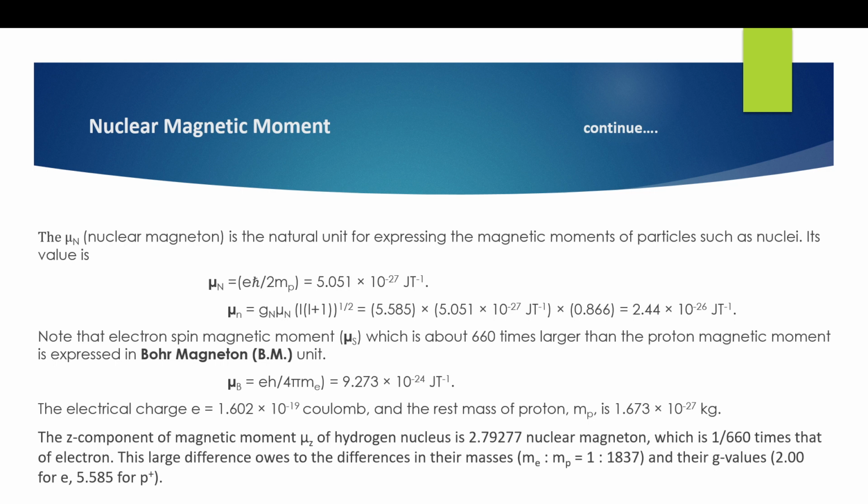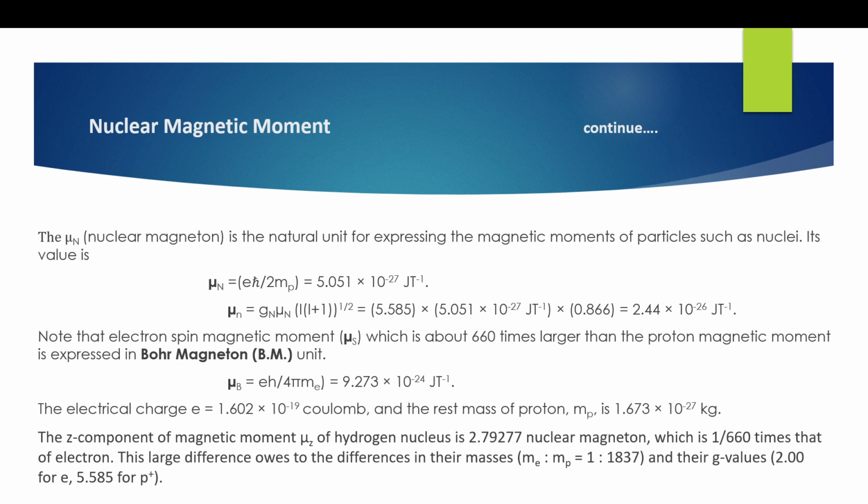It means the magnetic moment of proton will be equal to 5.585 multiplied by 5.051 into 10 to the power minus 27 joule per Tesla into 0.866. It comes out to be 2.44 into 10 to the power minus 26 joule per Tesla. Very small value.